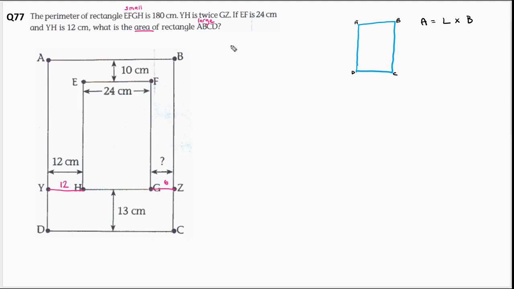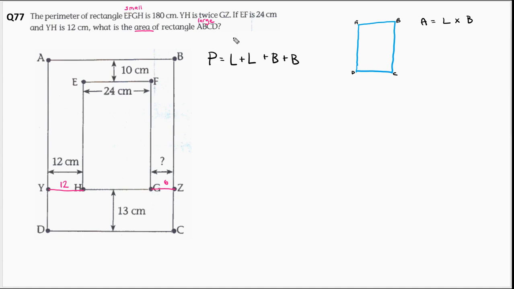The perimeter is a length plus a length, plus a breadth plus a breadth.